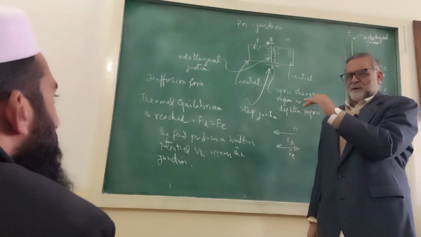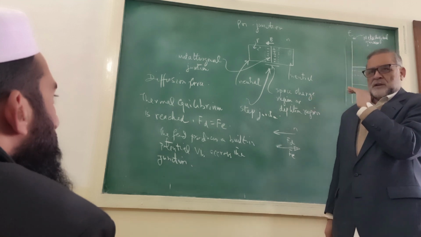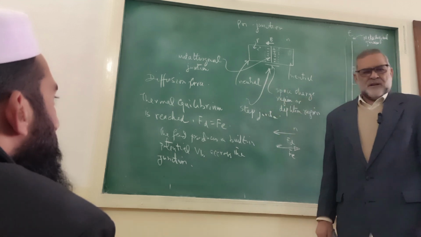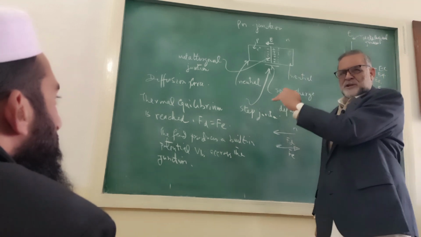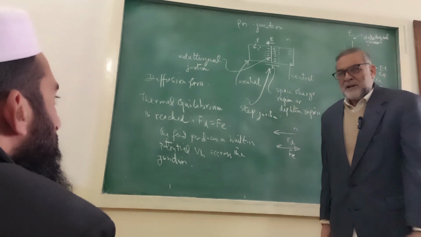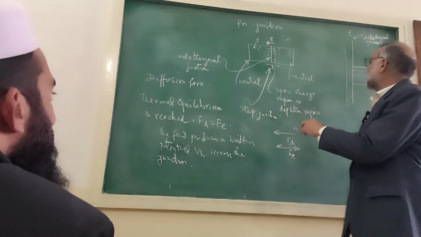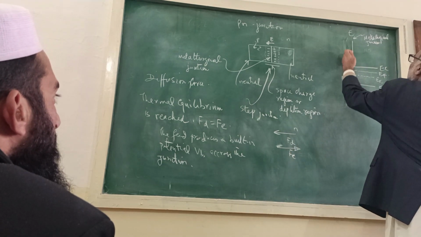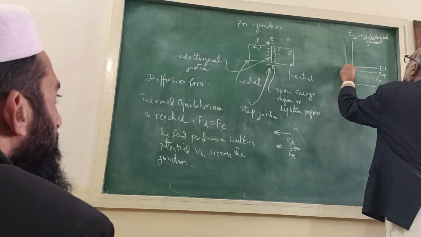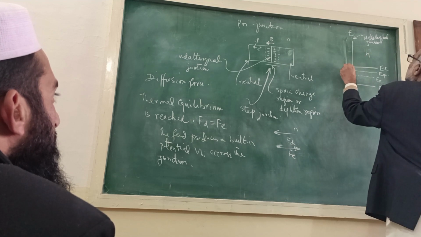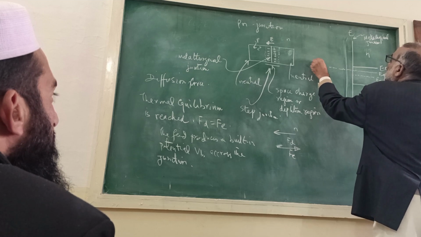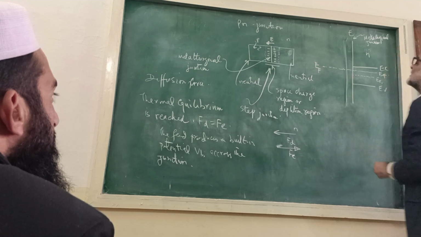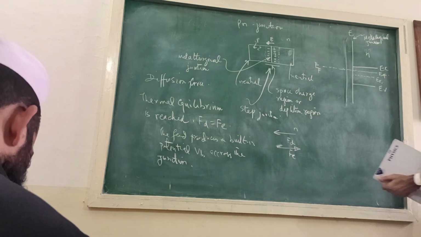Because if there is a difference in Fermi level, the charges will move from higher energy to lower energy. So since there is thermal equilibrium, the Fermi level is the same across the junction. This is the Fermi level, EF, on the N type.